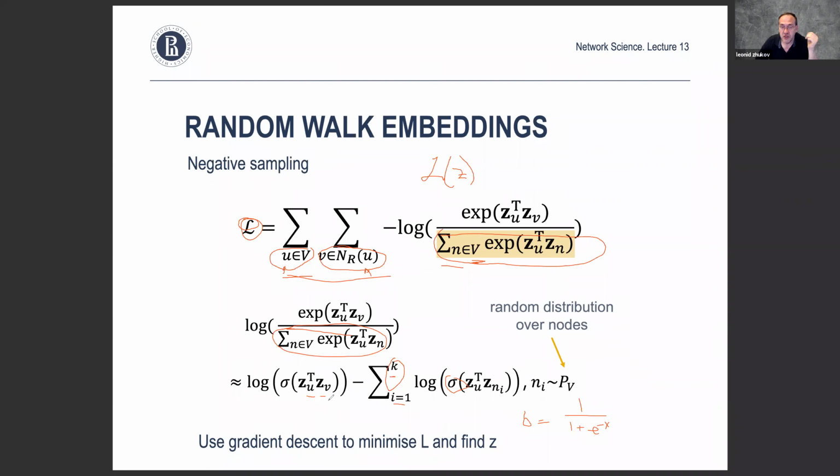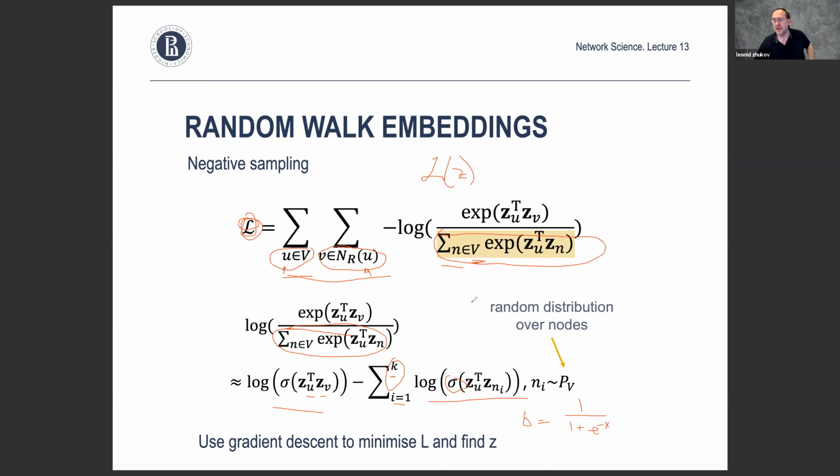So how do we do this? Well, numerically, we just use gradient descent by changing z's in such a way that on every step, we decrease the value of lambda. So we go along the gradient to decrease the value of lambda. With this function, since it's exponents, it's very easy to compute the derivative, so we can actually calculate the gradients and then use them to descend.